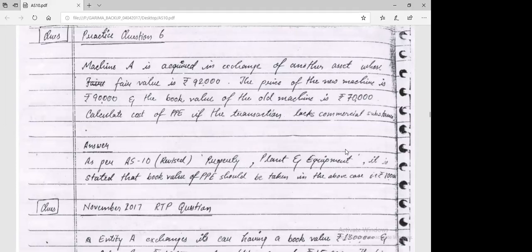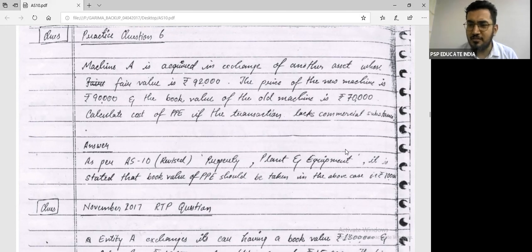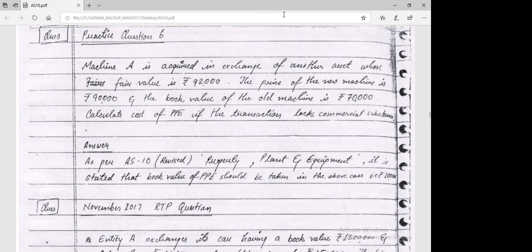So what will be the cost of PPE in this question? 70,000. Okay, perfect. See what they've given: as per accounting standard 10, property, plant and equipment, it is stated that the book value of PPE should be taken in the above case, that is rupees 70,000. Thank you very much.